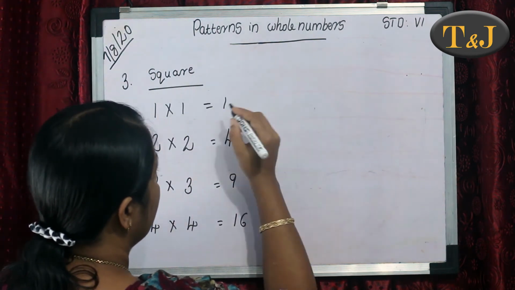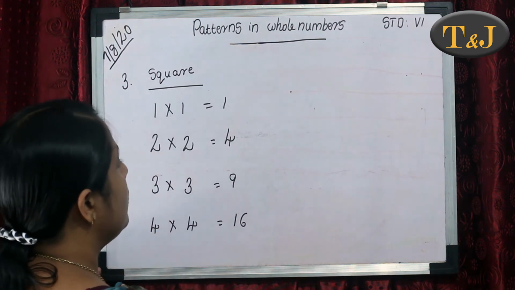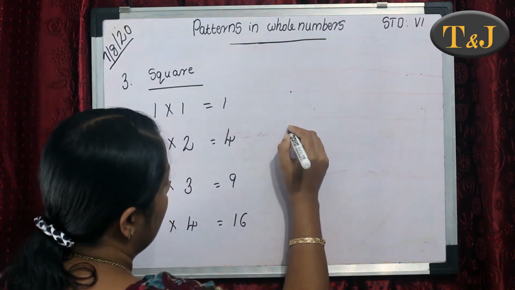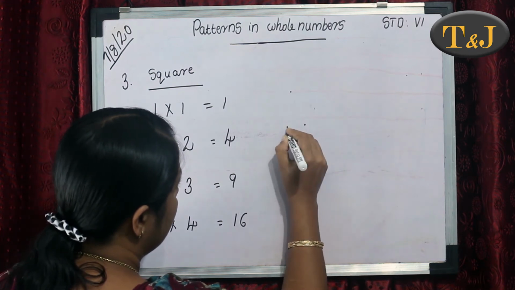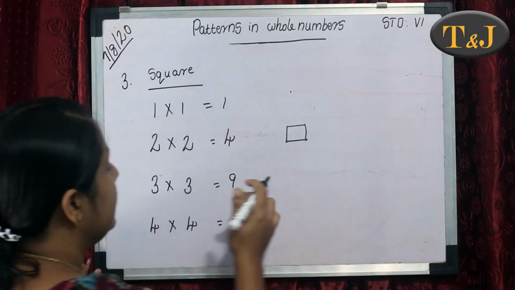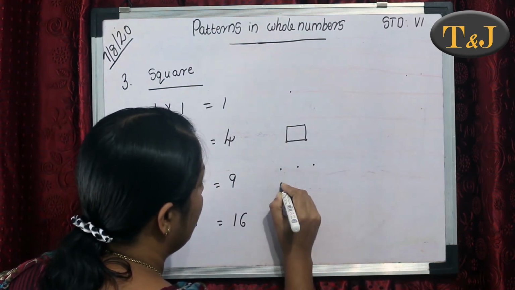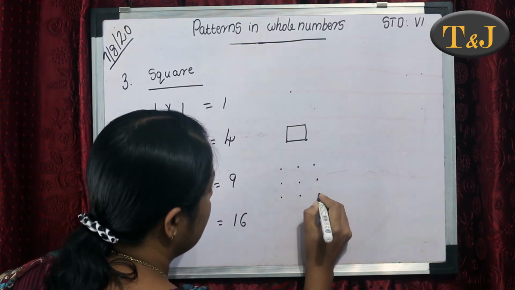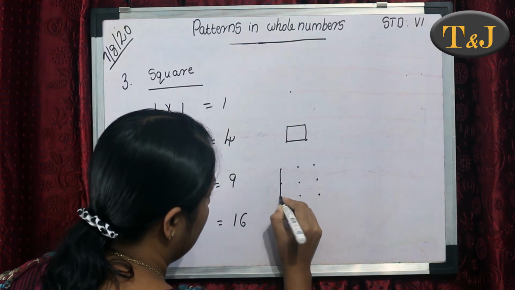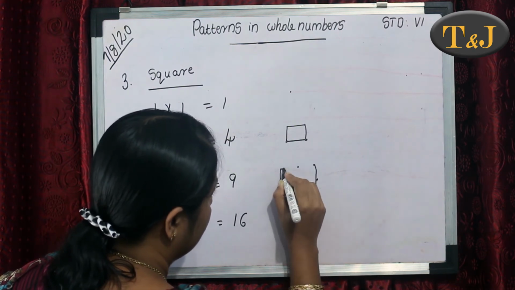Okay, first we put 1 into 1. Put only 1 dot. Then 2 into 2 equals 4. How can we represent 4? 1, 2, 3, 4. So it is a square number. Then 3 into 3: put 1, 2, 3, 4, 5, 6, 7, 8, 9 dots and join these dots.